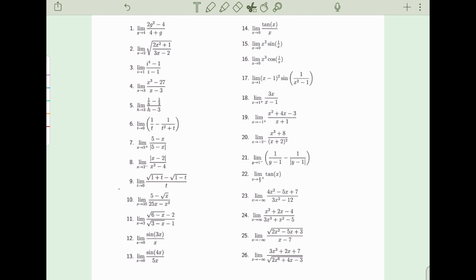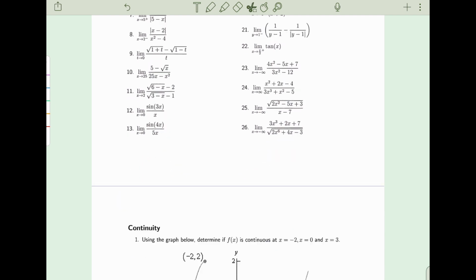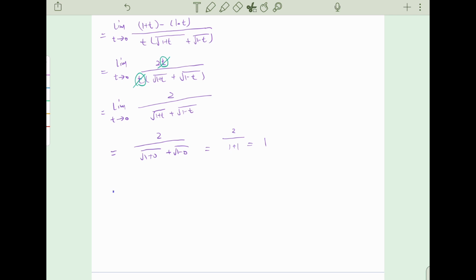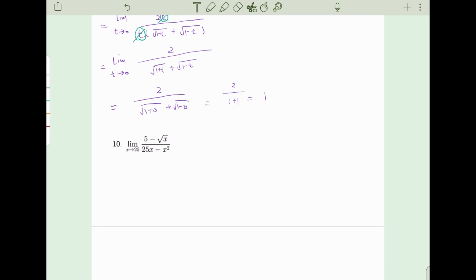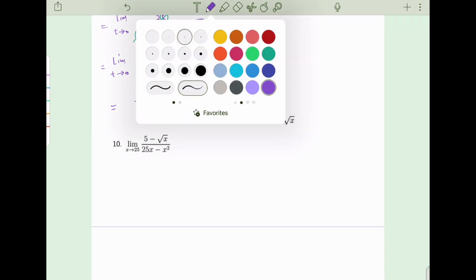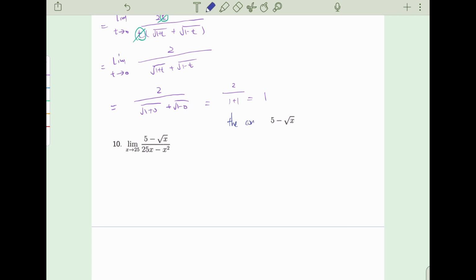Now question 10 should also be conjugate. Question 10 here, I have this 5 minus square root of x, right? So the conjugate of this guy is 5 plus square root of x.